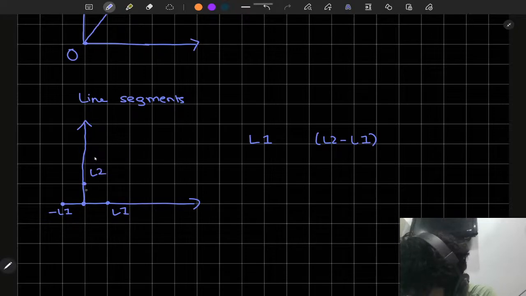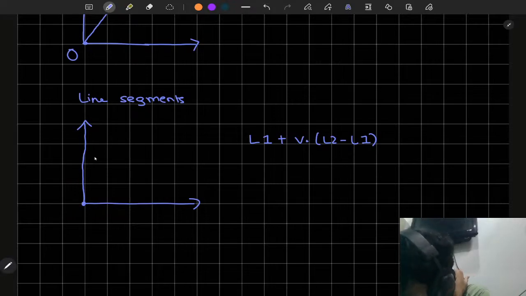This is L2, L2 minus L1 would be this. And if you add to L1 some V times this, you have a vector in this direction. Let me just make this bigger.